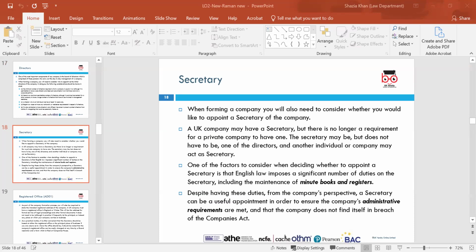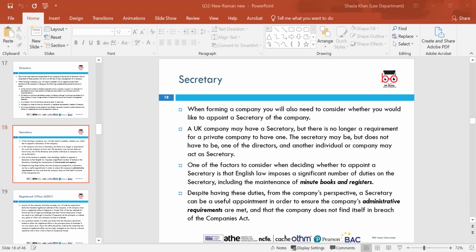When forming a company, you will also need to consider whether you would like to appoint a secretary for the company. A UK company may have a secretary, but there's no longer a requirement for a private company to have one. The secretary may be, but does not have to be, one of the directors, and another individual or company may act as a secretary.